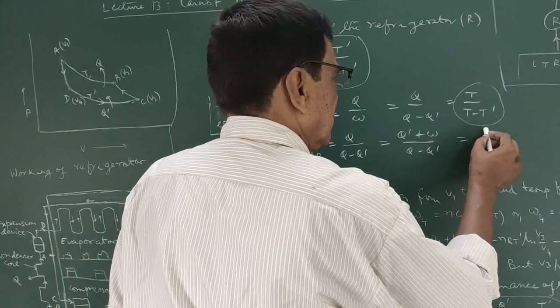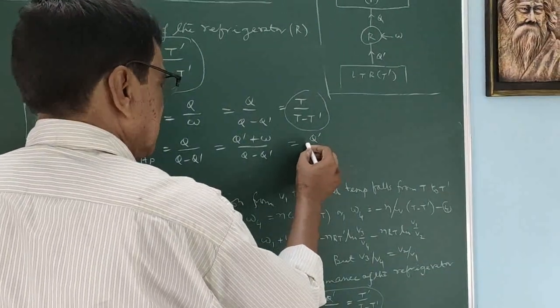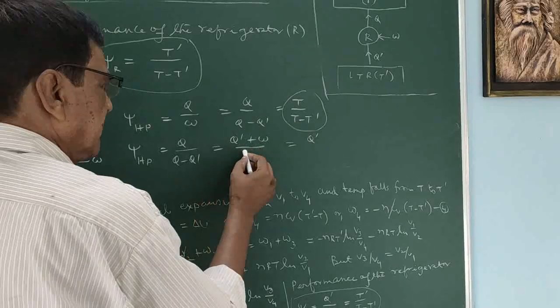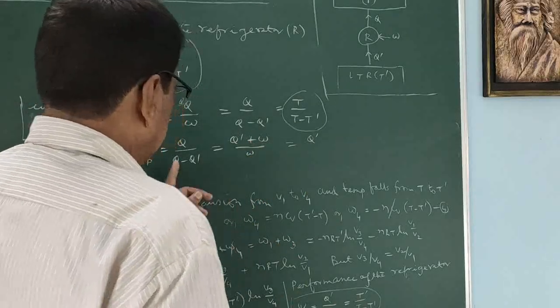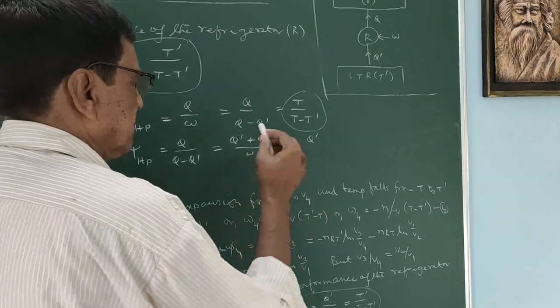and this is equal to this Q dash. Here you can write Q minus Q dash equal to W, the work input to this refrigerator or this heat pump.